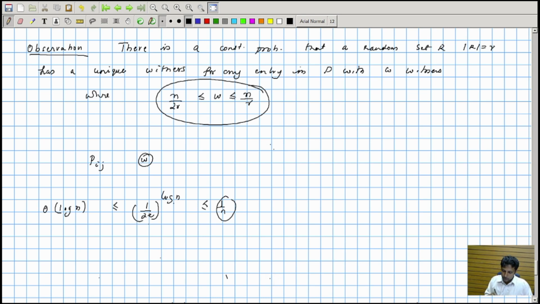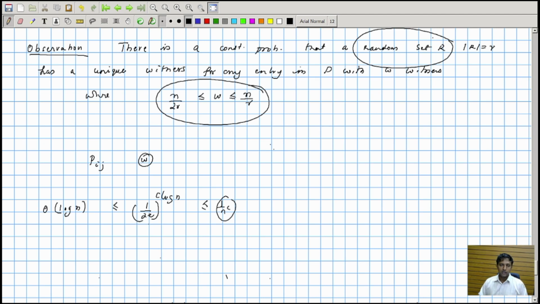If you want it to be 1 by n square, you can run it c log n times. So repeatedly run the algorithm, keep on repeatedly choosing random sets of size r. One of those random subsets will contain a unique witness.